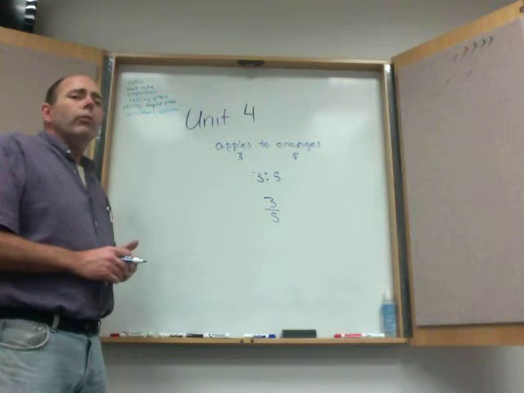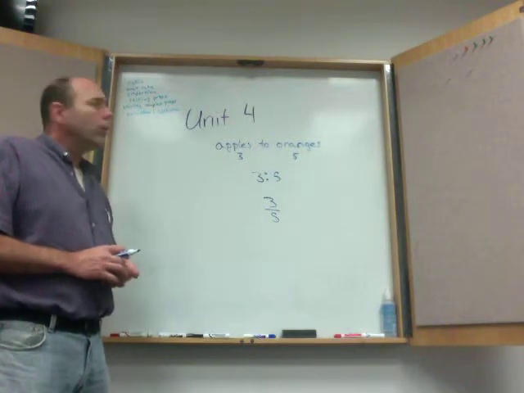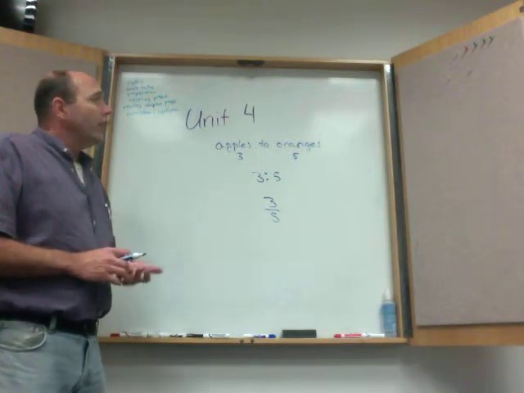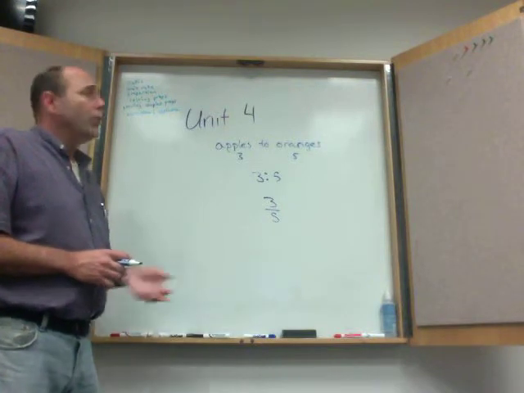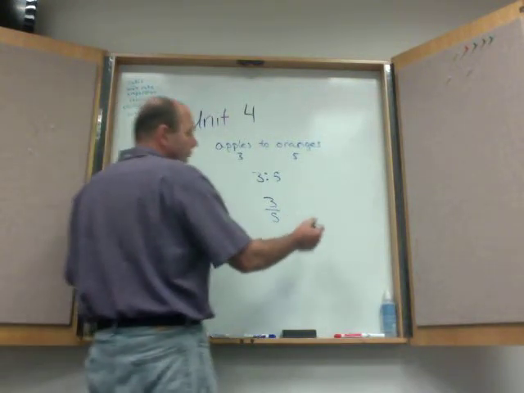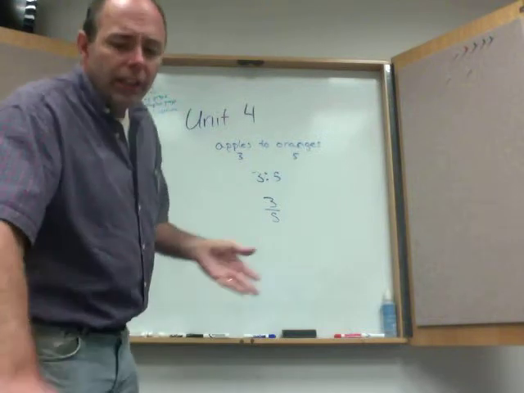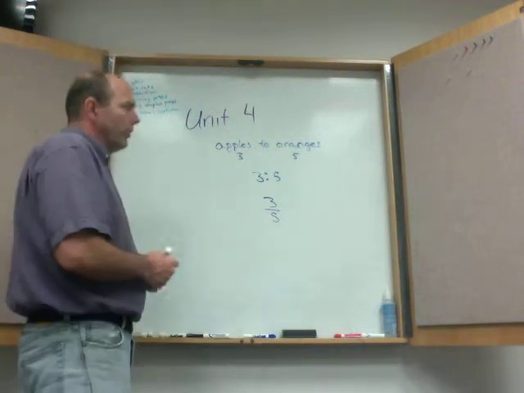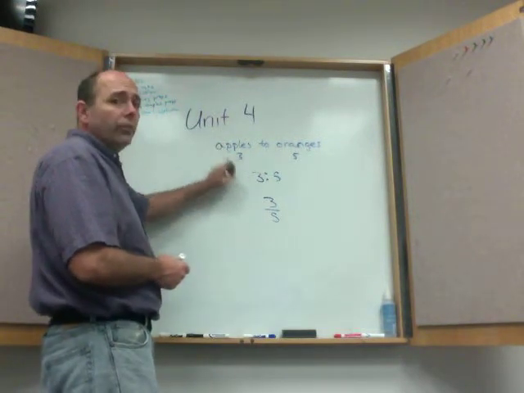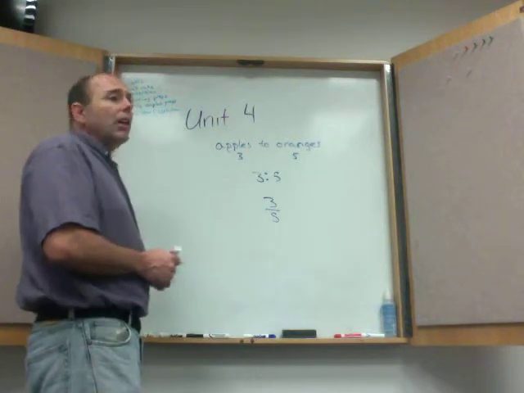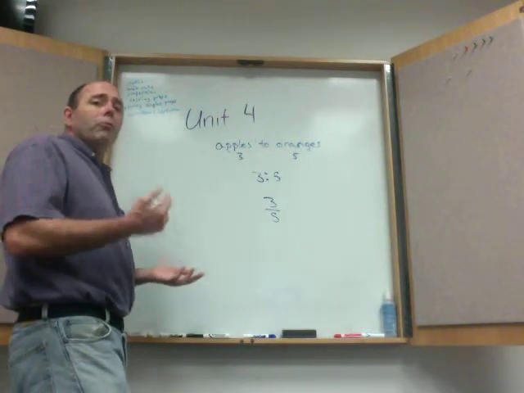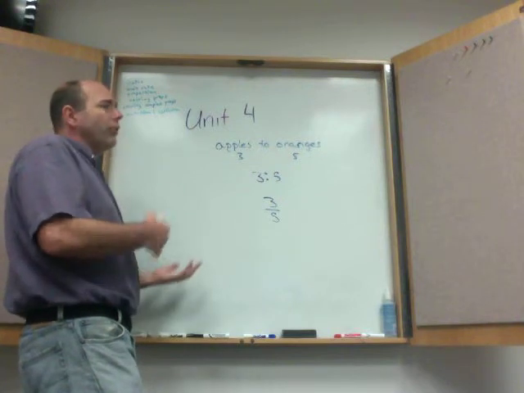The other way to look at a ratio is part to whole. How many oranges are there to fruits? Let me change colors so we know that now we're talking part to whole, instead of one part apples to the other part oranges. Now we're talking about oranges to fruit.